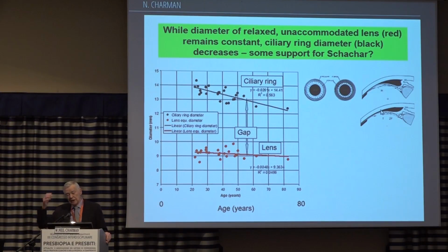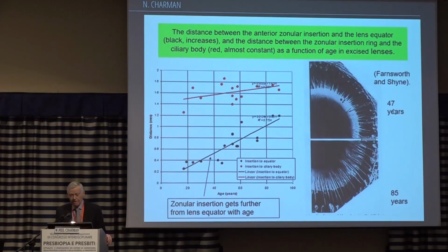What about the gap between the ciliary ring and the lens? Particularly in recent years, magnetic resonance imaging has suggested that that gap is decreasing with time. And remember, that gap is necessary for the maintenance of the tension in the zonular fibers. So if the gap gets smaller, the possibility is the zonular fibers can no longer pull as vigorously on the periphery of the lens to flatten it for distance vision.